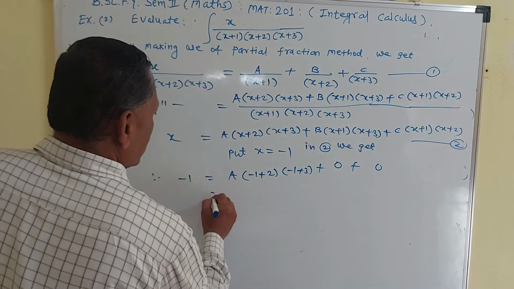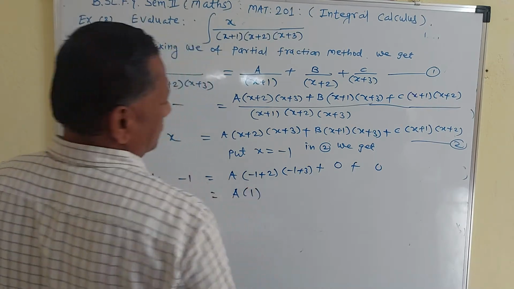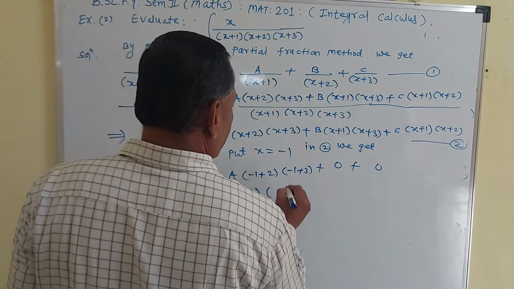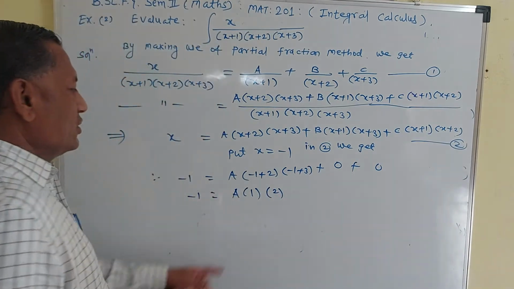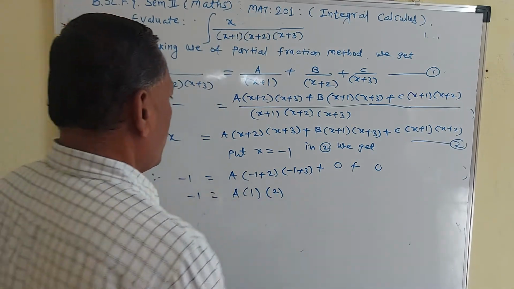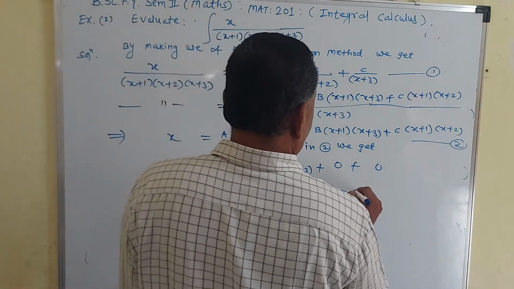Therefore a into minus 1 plus 2 means 1 and minus 1 plus 3 means 2. Therefore minus 1 is equal to a into 2. Therefore a is equal to minus 1 by 2.